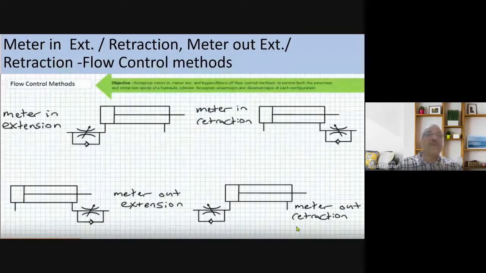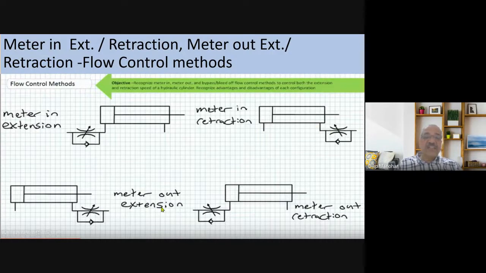I'm now coming to meter-in extension and meter-in retraction. Alternates are given here. We covered it yesterday, but just for the sake of it, whenever the inlet is controlled, that is called meter-in extension. Whenever the return side is connected, that means meter-in retraction. That means when retracting, you want to connect the flow control valve on the retraction side.